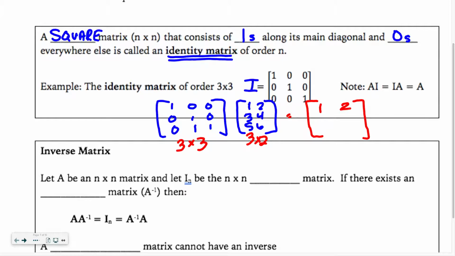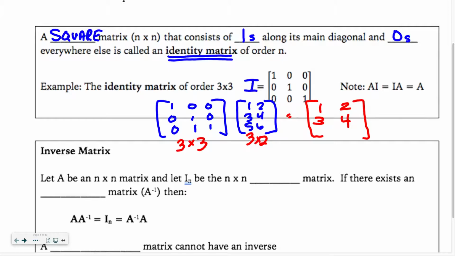Now I'll go grab the second row, 0, 1, 0. Multiply it by this column. 0 times 1 plus 1 times 3 plus 0 times 5. That's just 3. Take that second row times the second column. 0 times 2 plus 1 times 4 plus 0 times 6. That's just 4. Do you see how we are basically getting back the same entries that is matrix A?